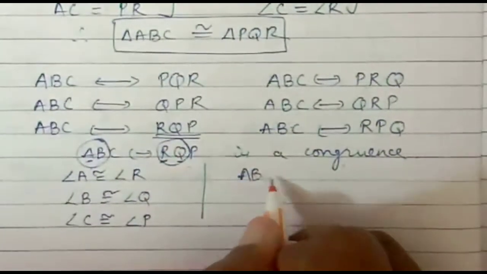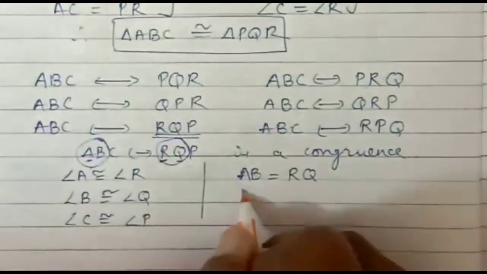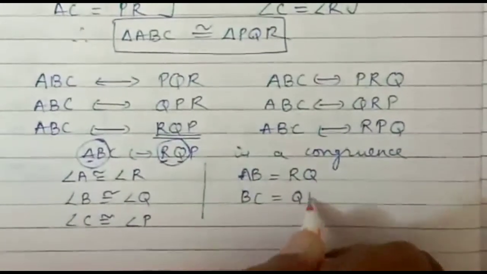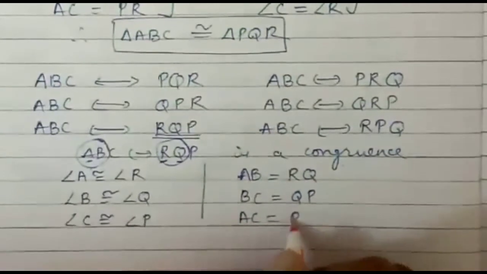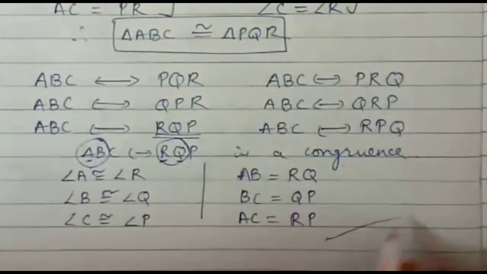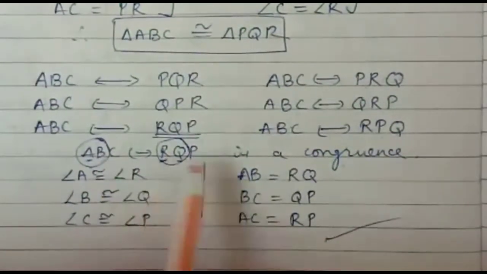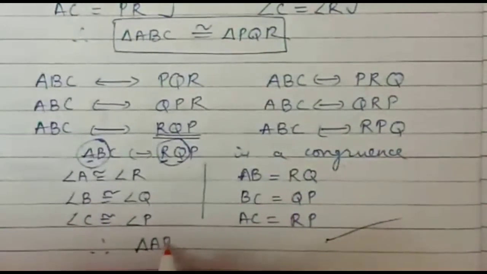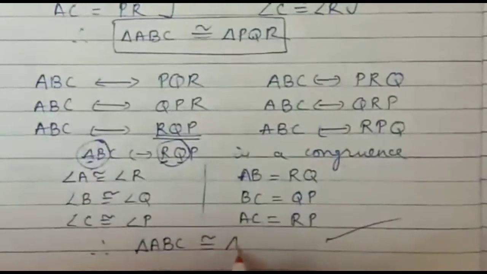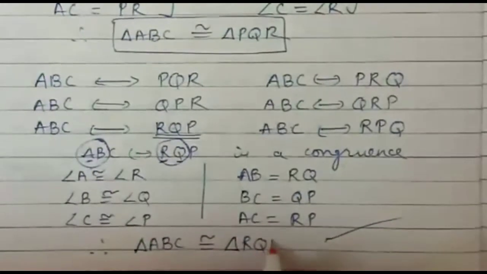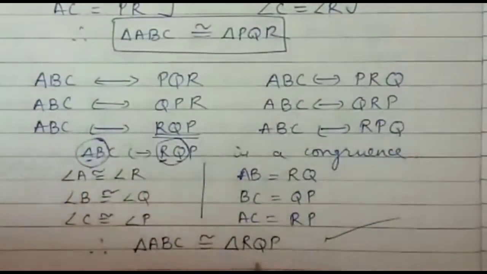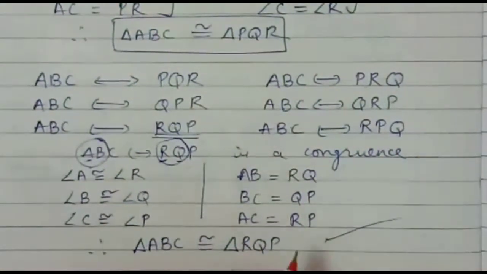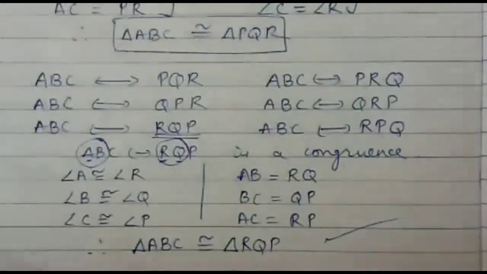So the measurement of AB will be equal to RQ, BC will be equal to QP and AC will be equal to RP. So this is true if the given correspondence is a congruence. Then I can write triangle ABC is congruent to triangle RQP. Here I cannot write PQR. It has to be written specifically which correspondence is a congruence, and according to that we will get the result.